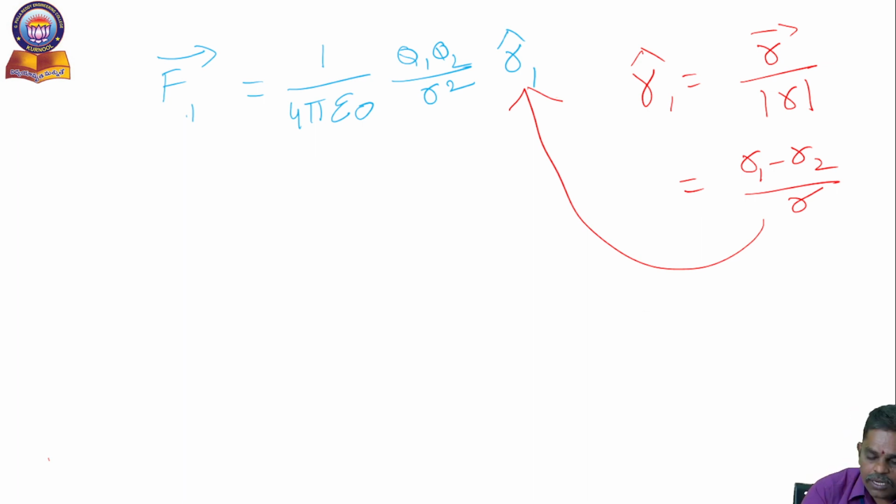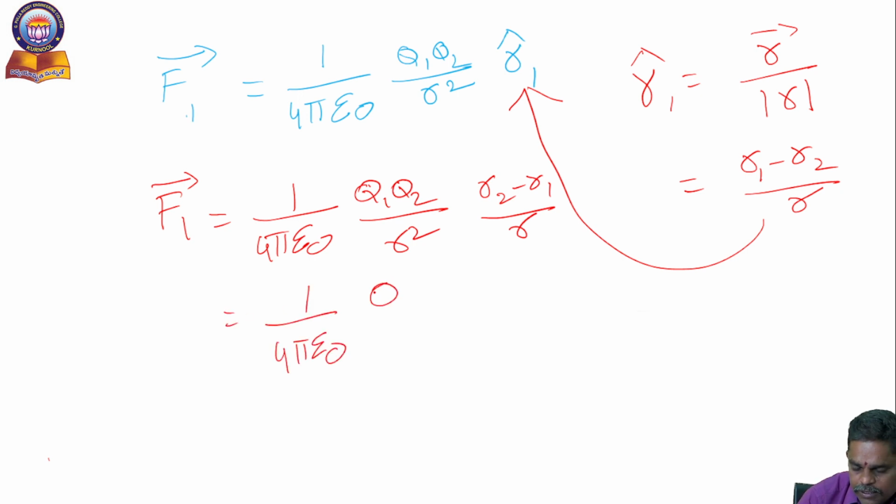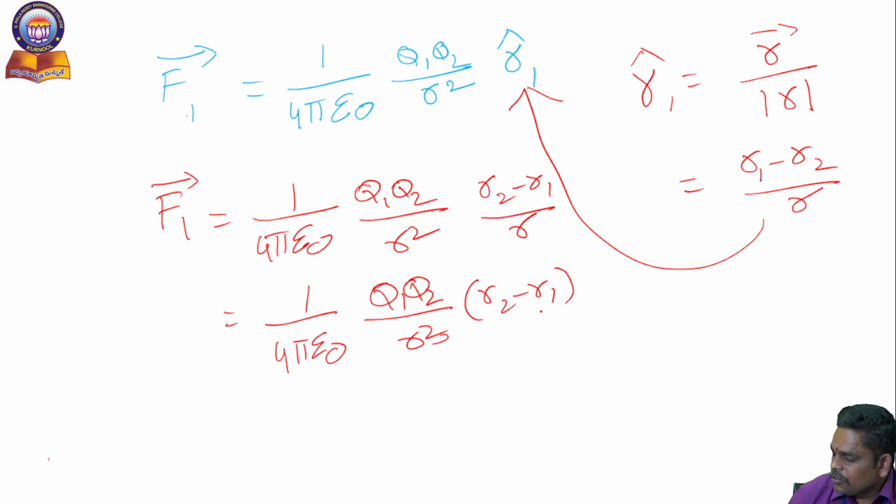Then what we are going to get is F1 is equal to 1 by 4 pi epsilon naught Q1 Q2 by R square into R2 minus R1 by R. That should be 1 by 4 pi epsilon naught Q1 Q2 by R cube into R2 minus R1.